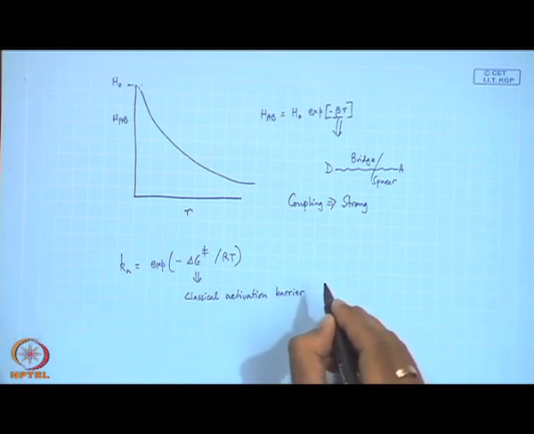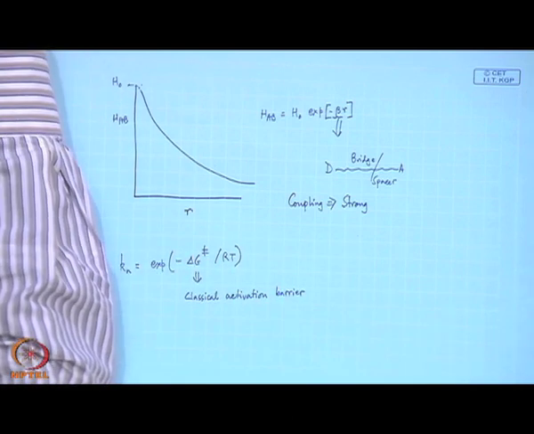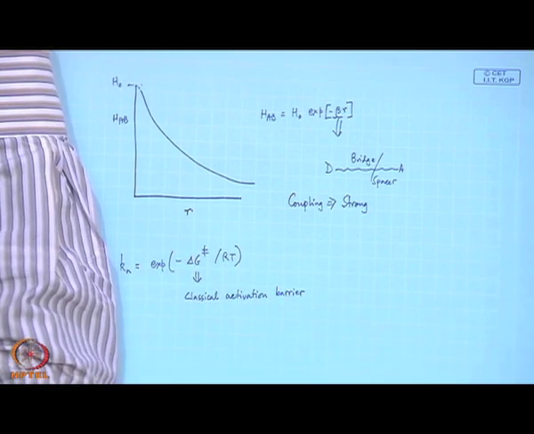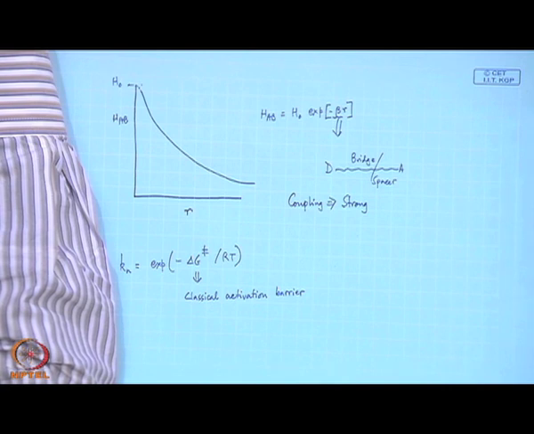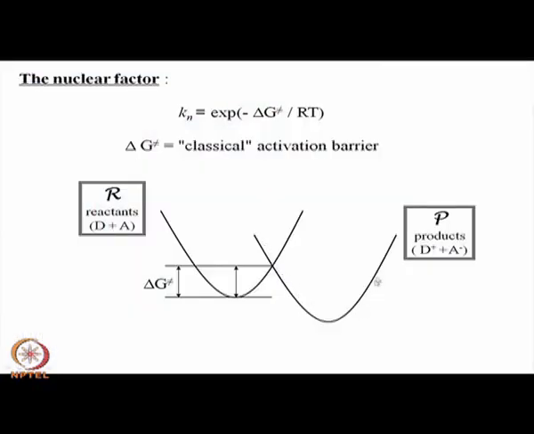Think of this as your reactant surface and this as your product potential energy. So, this is the D plus A combination for your reactant and this is for your product, and this is your delta G double dagger. Okay. So, this nuclear factor Kn is related to e to the power minus delta G double dagger by RT.